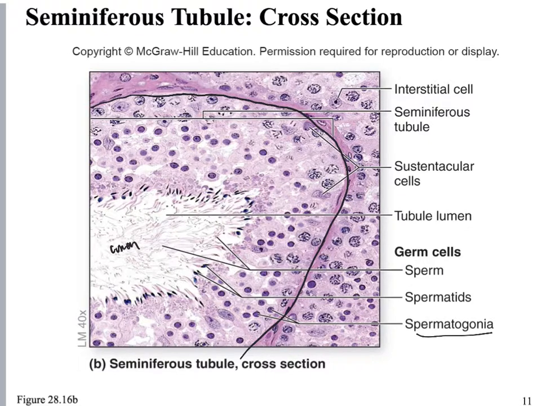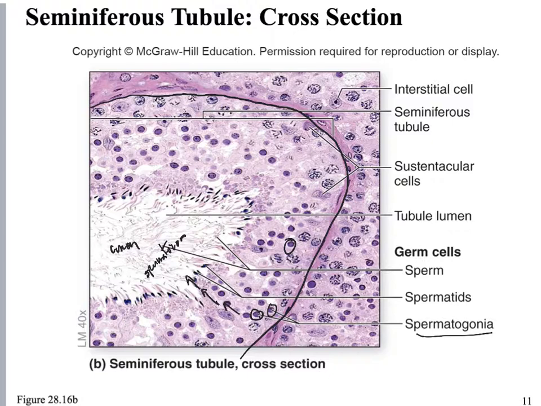So there's a couple stem cells, spermatogonia, you have a couple more over here, right? And those stem cells are diploid, and they are the beginning cells that will undergo meiosis to produce sperm. And so as it moves closer to the lumen, meiosis eventually occurs and you end up with spermatozoa on the interior of the lumen.